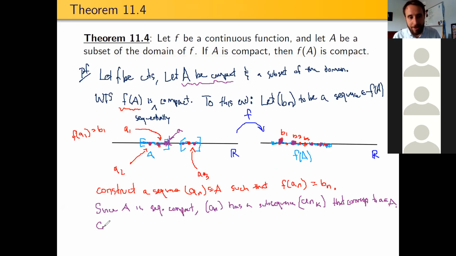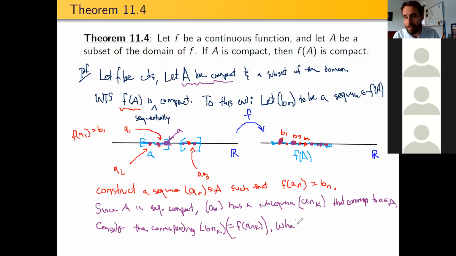So we can consider the corresponding b sub n sub k, which is equal to f of a sub n sub k. What does this converge to?